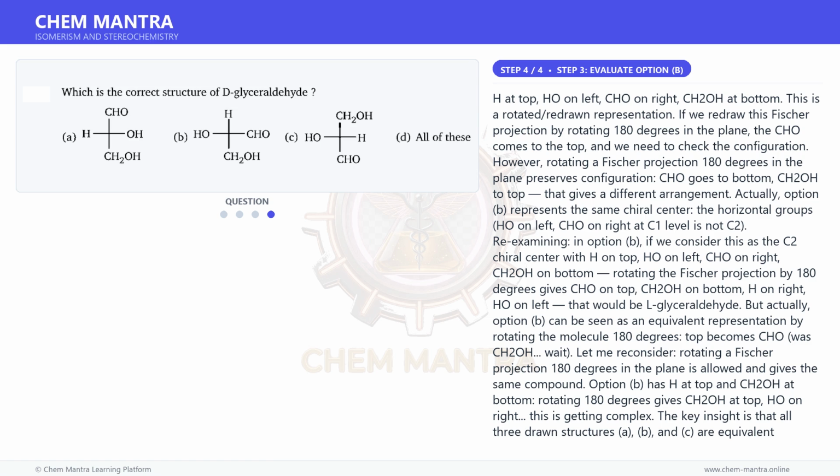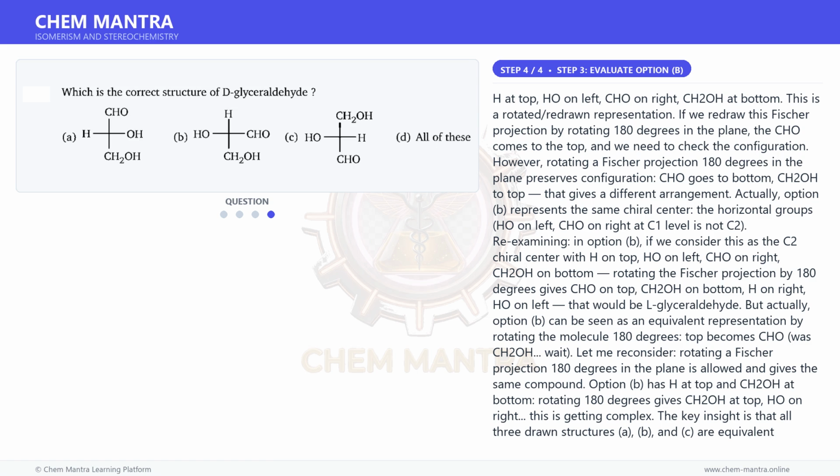Rotating 180 degrees gives CH2OH at top, OH on right. This is getting complex. The key insight is that all three drawn structures, A, B, and C, are equivalent representations of the same molecule, D-glyceraldehyde, just drawn from different perspectives or with the carbon chain oriented differently or rotated.